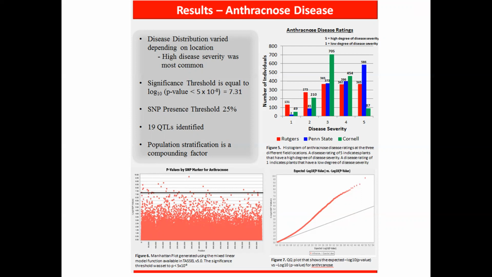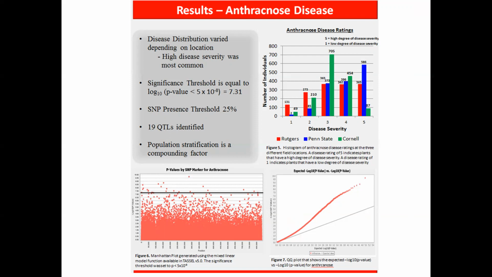The significance threshold is depicted by this solid black line running across the diagram. It was set for p-values that were less than 5 times 10 to the minus 8. That corresponds to about 7.3 on this figure, as the y-axis is actually the minus log 10 of the p-value. So in total, this Manhattan plot shows that there were 19 QTLs that were found to be significant.